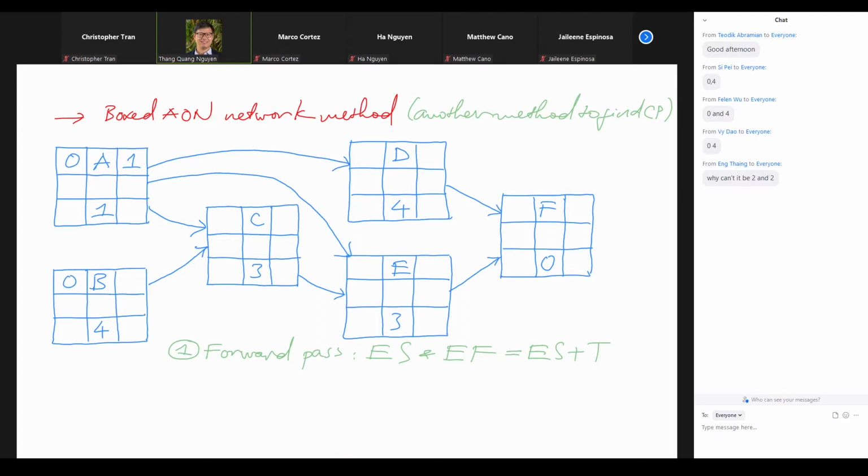We call that the beginning of the timeline, or 0. And then it takes 4 weeks to finish B. So from today, we add up 4 weeks. Then we finish B at the end of the 4th week, right? So that 4 right here means that we can finish B at the end of the 4th week.